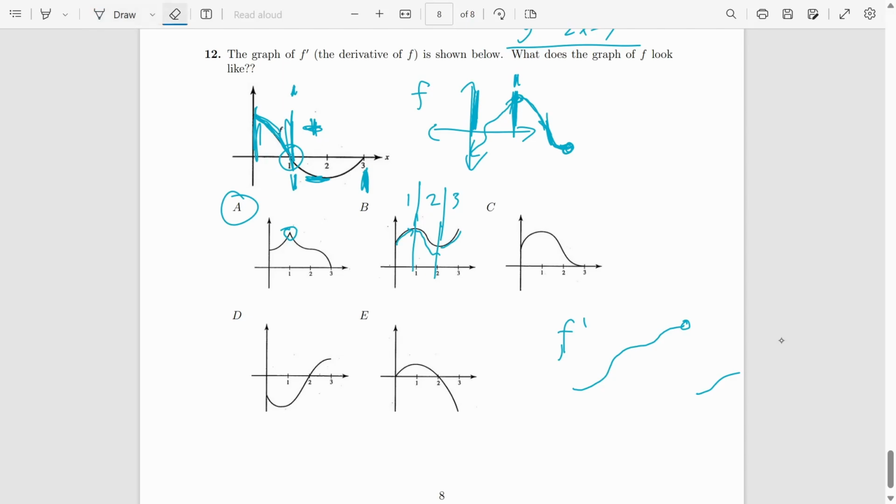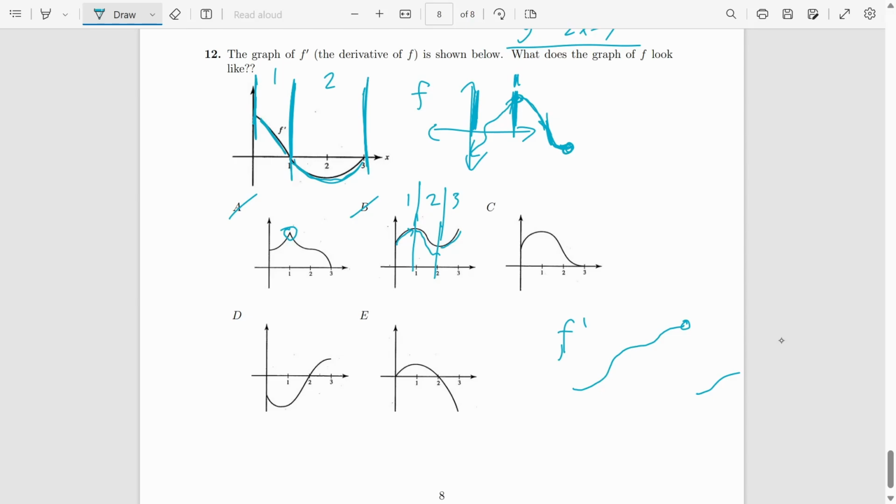In order for that to be the case, our original f prime would have three segments as well, but this one only has two, 1 and 2. This part is positive and this part is negative. Whoa, I should not have circled A. Hopefully you guys didn't pick that up. No, it's not A or B.